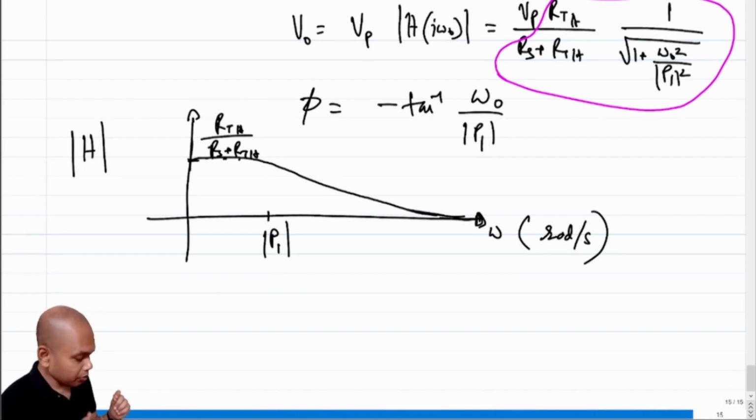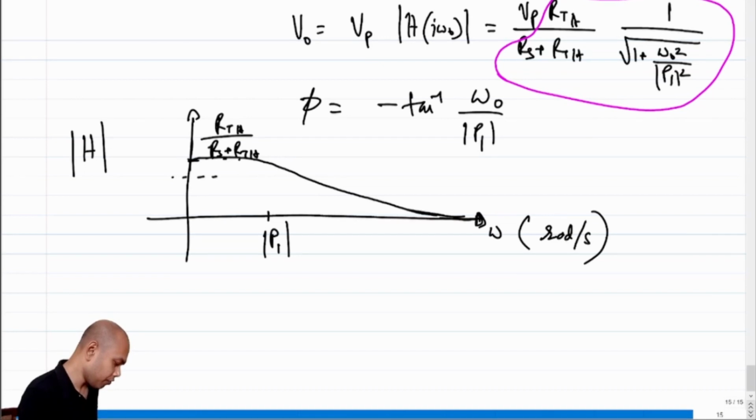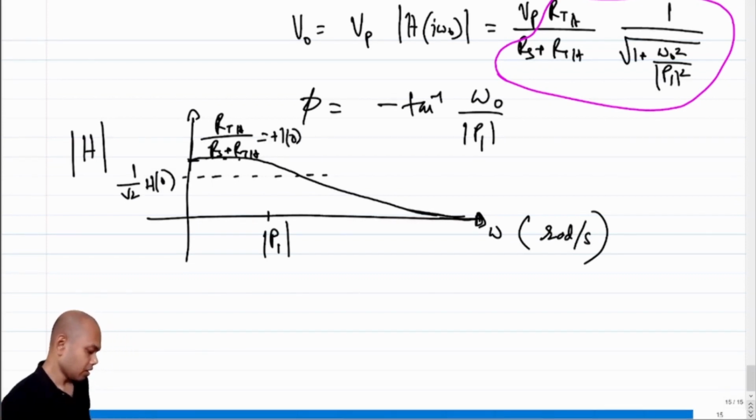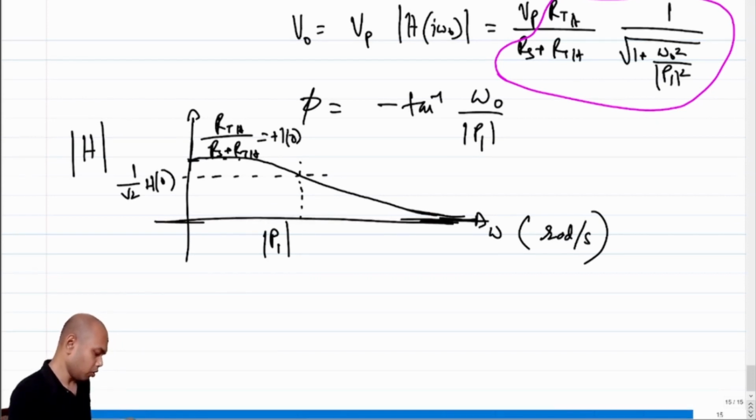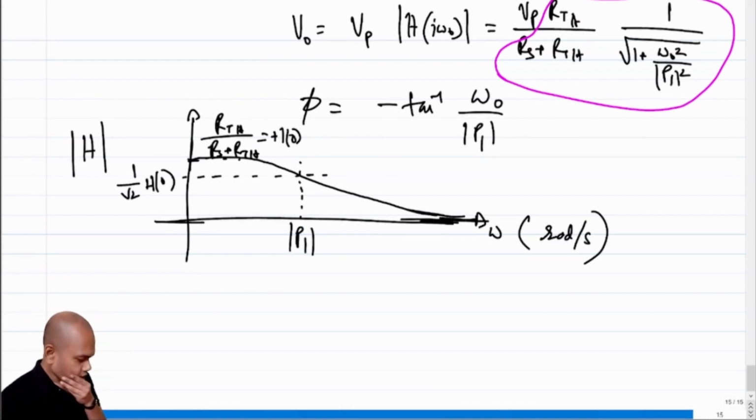As you can clearly see, the transfer function magnitude goes to 1 over root 2 of the DC value. So if I mark off 1 by root 2 of H naught, where H naught is the DC value, wherever it hits that will be the location of the pole, right?